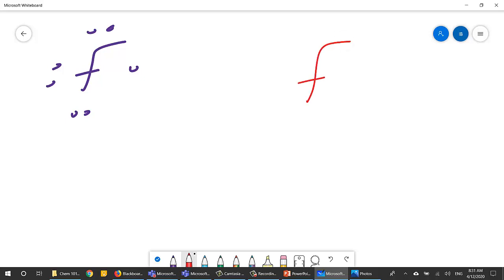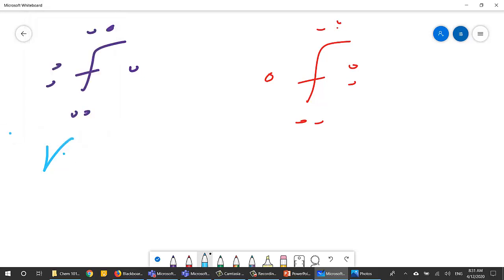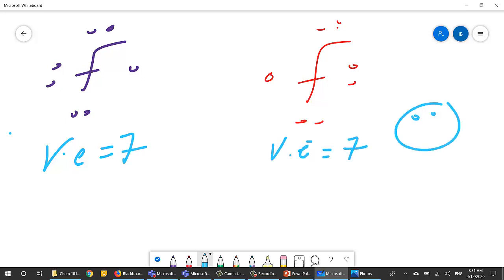Now let's bring another fluorine and see what's happening. Now the number of valence electrons here is equal to 7. And that's why this guy is unhappy.